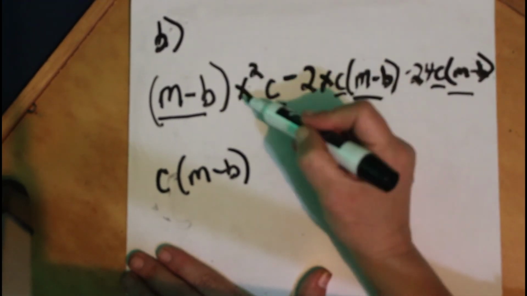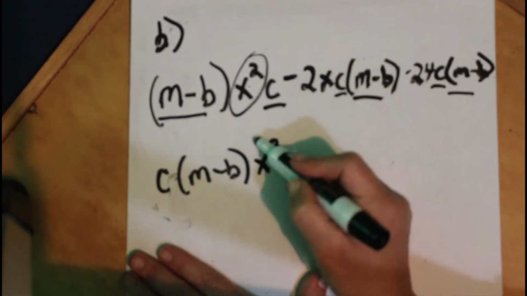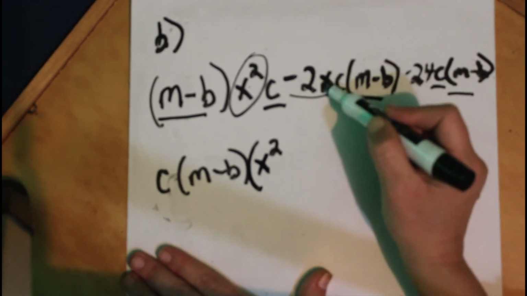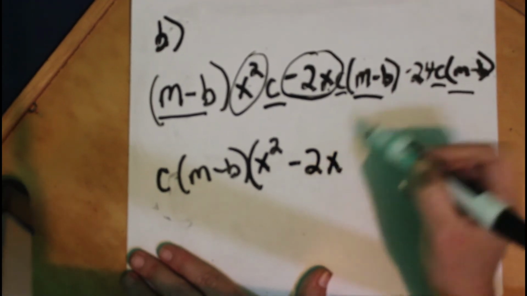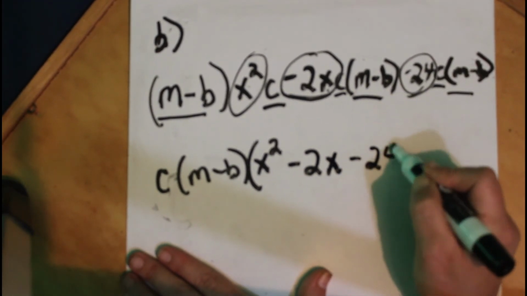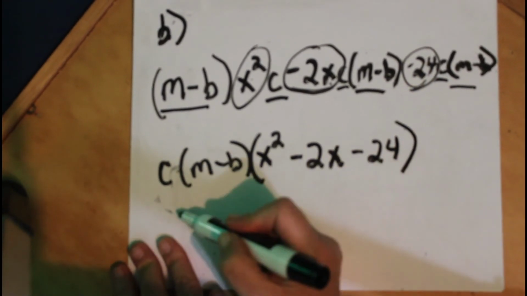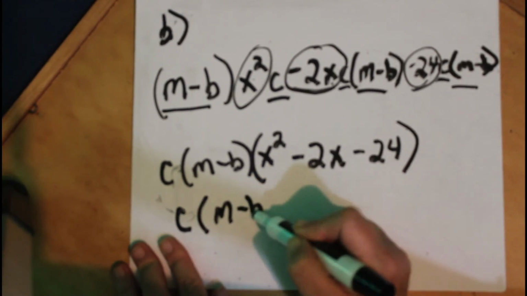Now what are we left with? Right here we've got x squared. And right here we've got minus 2x. And here we got minus 24. Okay. So now we just have to factor our trinomial. So we could put our c times m minus b.